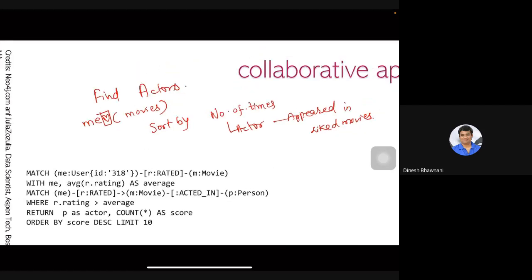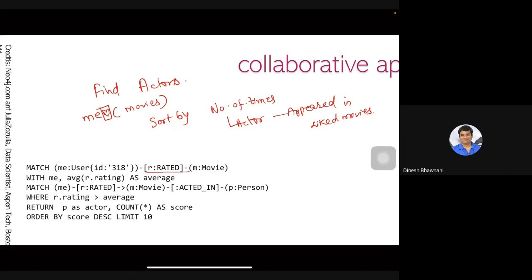So giving the same 318 user, then connected with rated and movie, match it. You're looking up the current cluster, so you're matching that, and then inside that with me, taking average rating, store that in your average placeholder. Then you again match. What do you want to match this with?